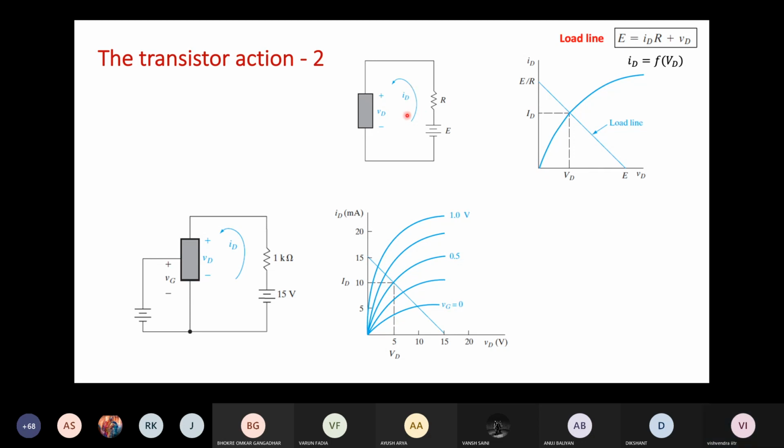All right. Is this point clear? Yes, sir. So the intersection between this line and these plots will be the valid solutions for different gate voltages.